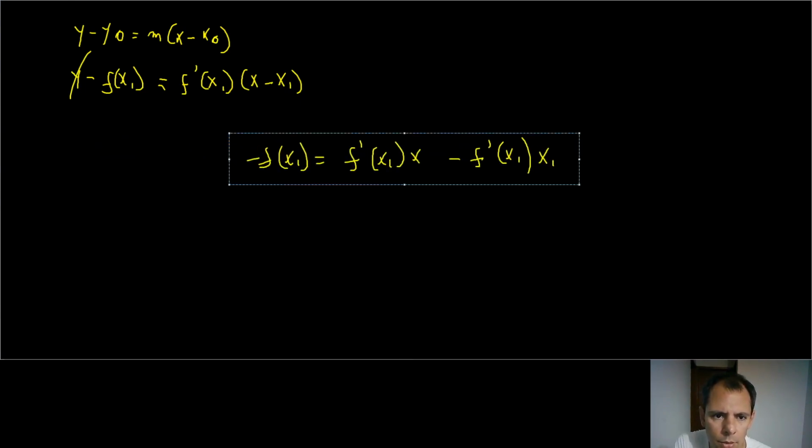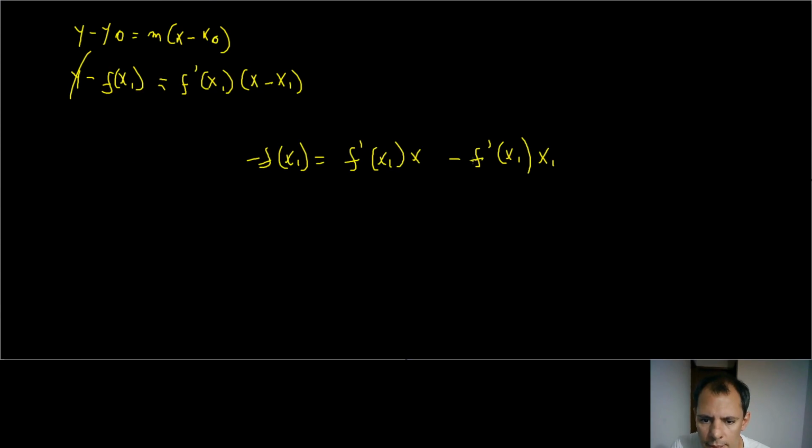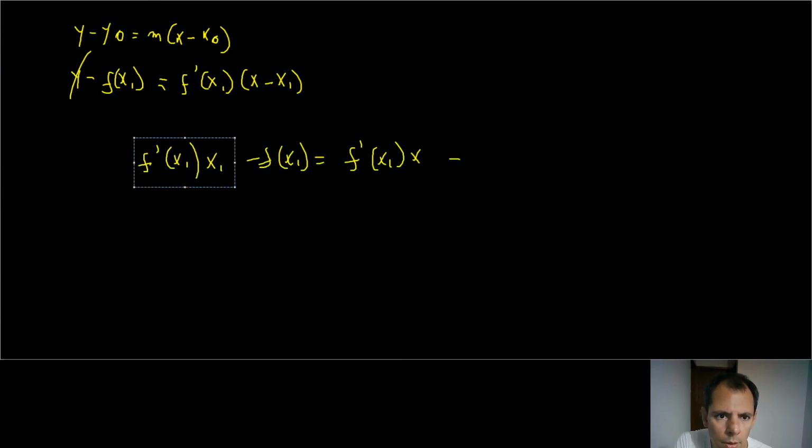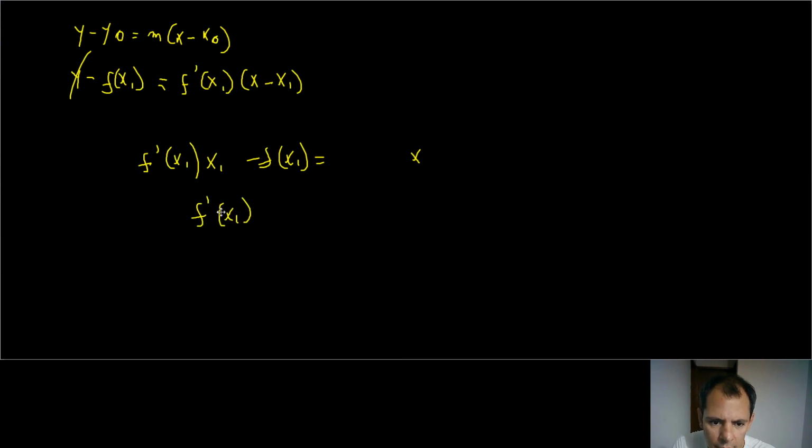This is a minus here, so when it goes to the other side, it goes positive. This minus doesn't exist anymore. Now this thing will come dividing here. All right, so x is going to be equal to what?